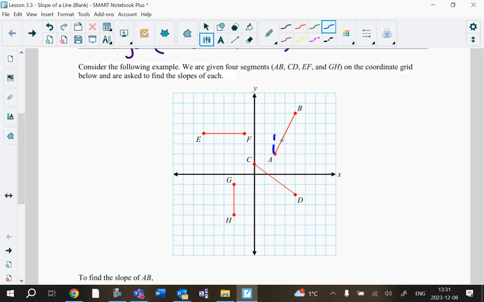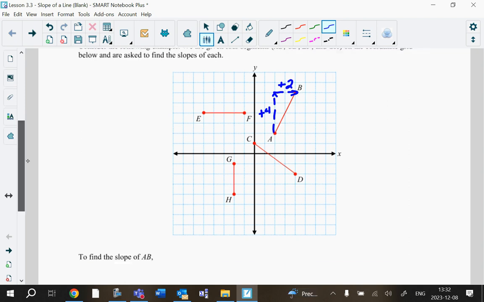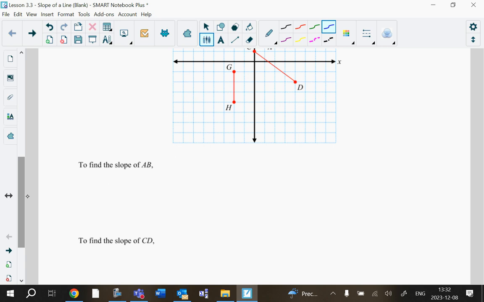So that's how much you change vertically, positive 4. From here, how much do I have to run, in other words, move horizontally, to get to B? Since I move to the right, it's positive 2. So the slope of AB would be 4 over 2, which I can just write as 2.